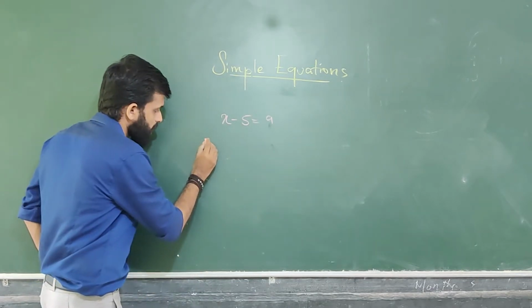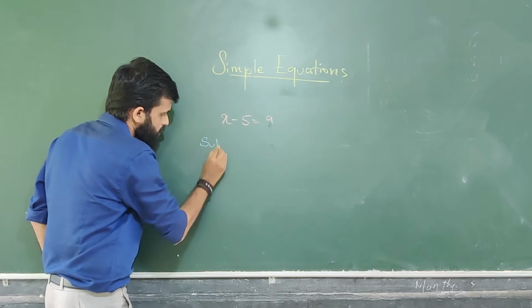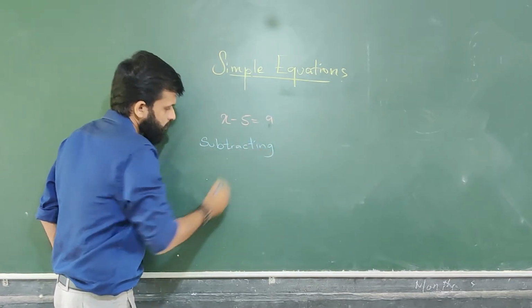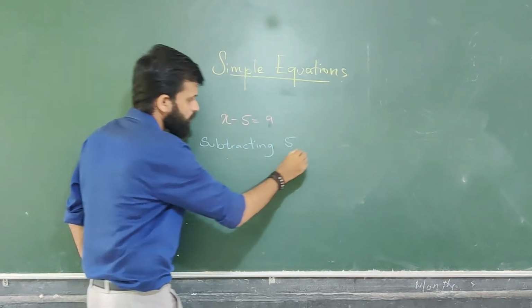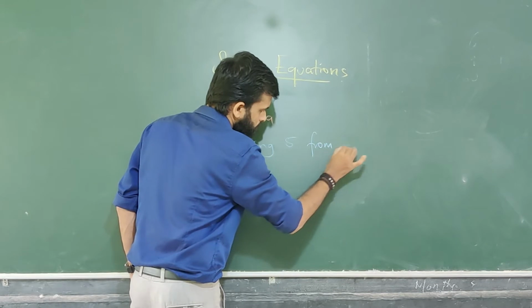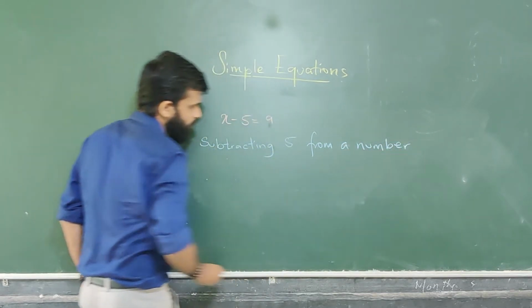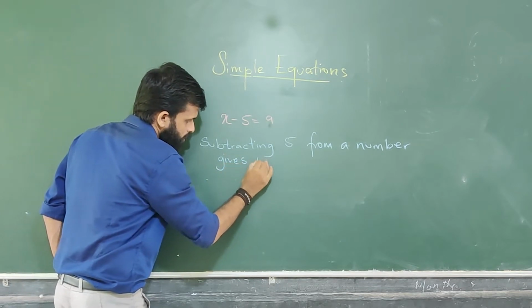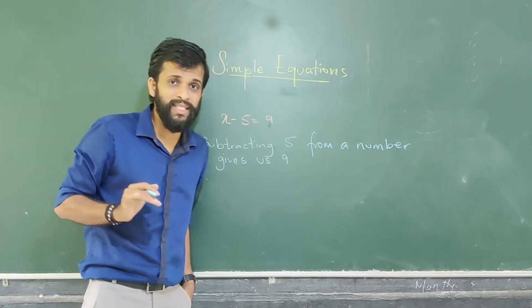So I can write this as subtracting 5 from a number gives us 9. Okay, simple as that.